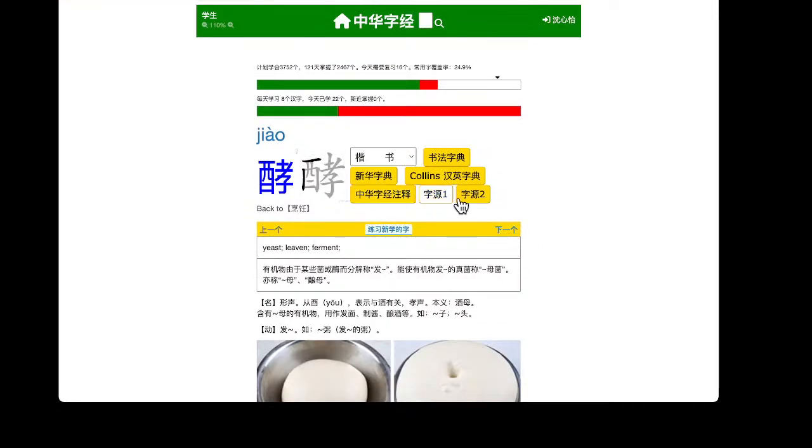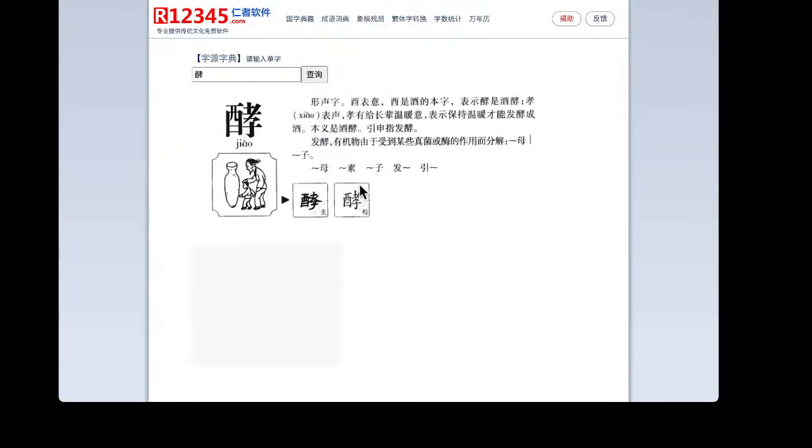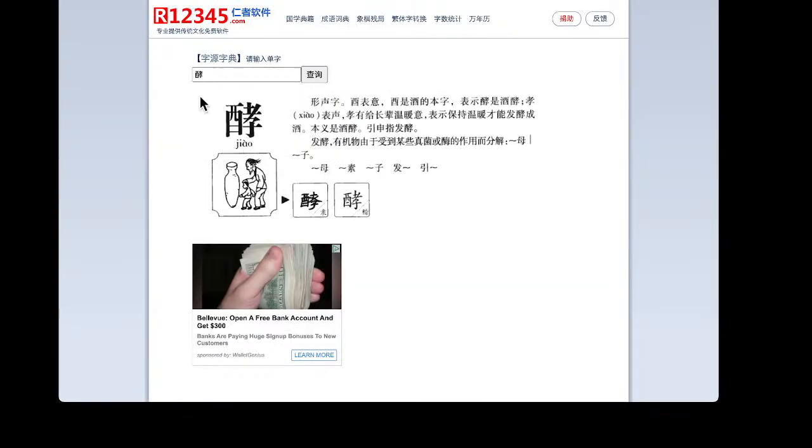酵, jiao. Let's take a look at that character, jiao. Of course, because it's related to wine, it has the wine radical. And on the right-hand side is the character xiao. Xiao has the meaning of you treat the seniors well. In Chinese culture, xiao means you have to treat seniors with respect and with care.